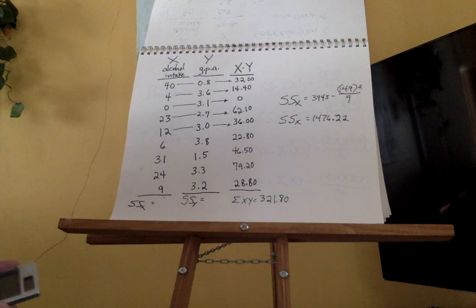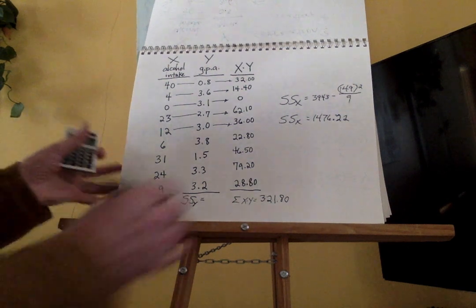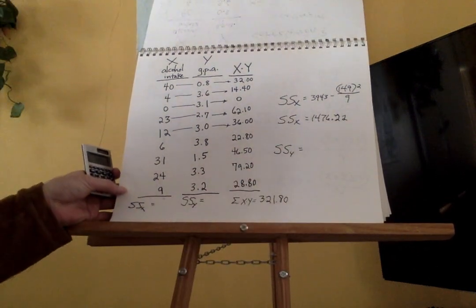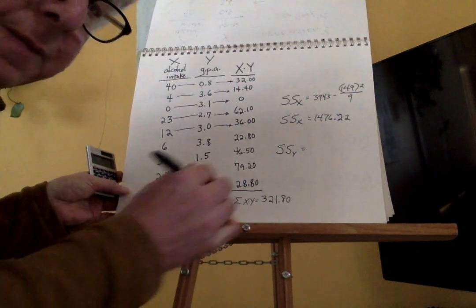Let me just check that again. 149 squared divided by 9 equals 2466.78. So the sum of squares for x should be 3943 minus 2466.78, which is 1476.22. Okay.